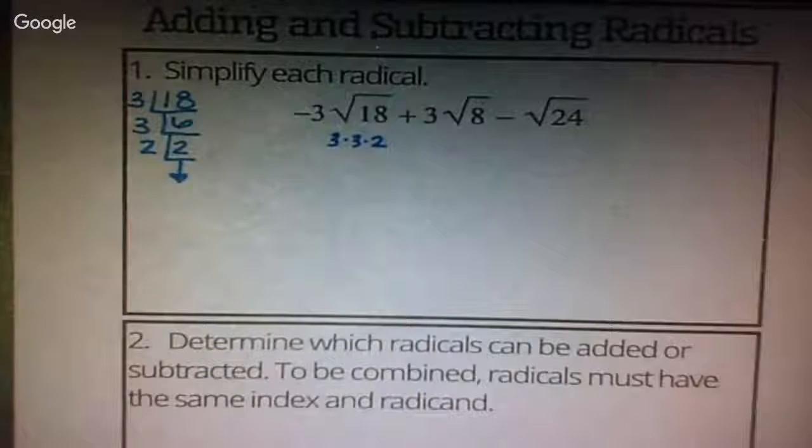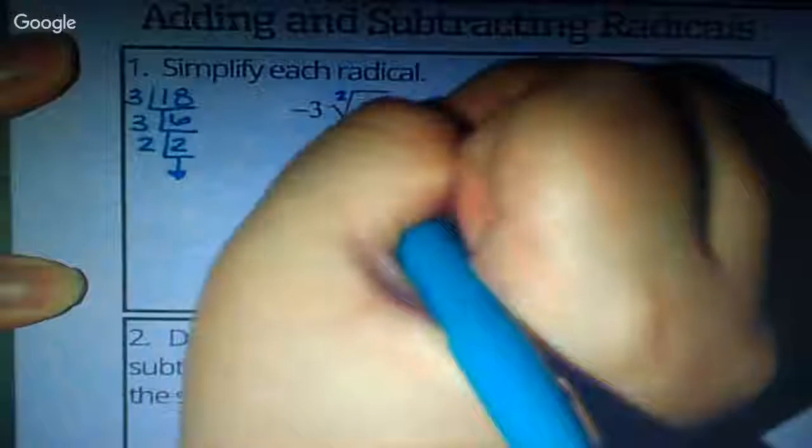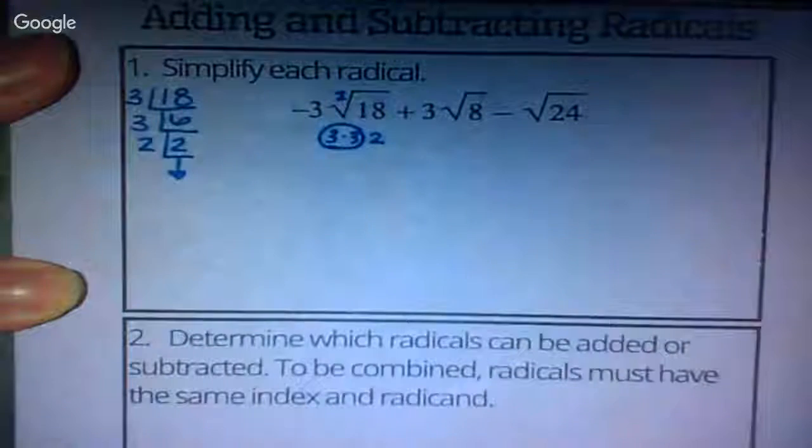What am I grouping in for this one? Twos. My index is a 2. Please do not get confused. The 3 is a coefficient. In order for it to be an index, it's got to be tiny. Okay, that is a coefficient. So my index here is technically a 2. There is no index written. So I'm grouping in 2s. So I've got a group of 3s.